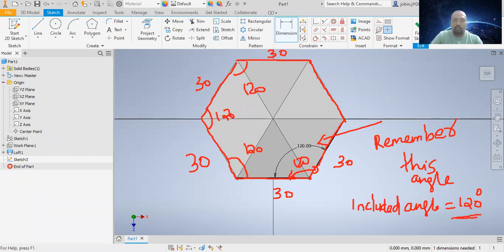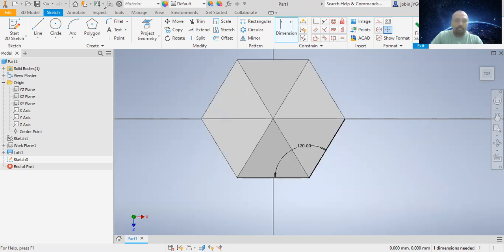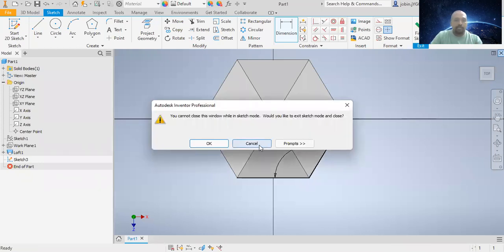Okay, so I will start. Take the notebook and then draw the top view.